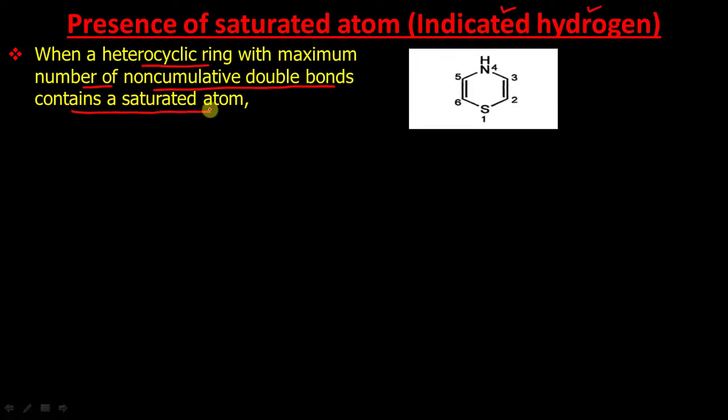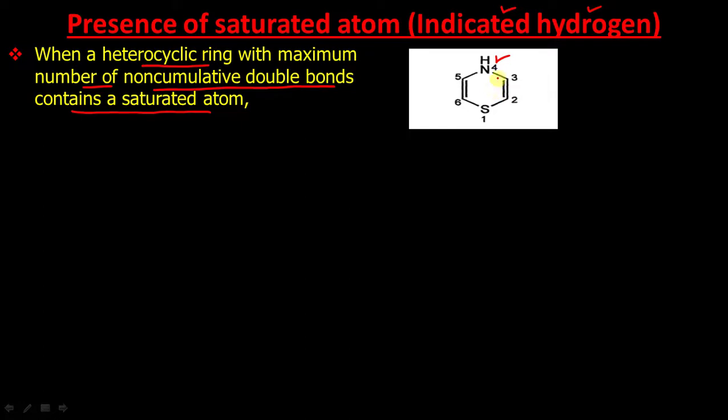Let us see an example. Now it contains a saturated atom. If it has a saturated center, it can have only a maximum of two non-cumulative double bonds.